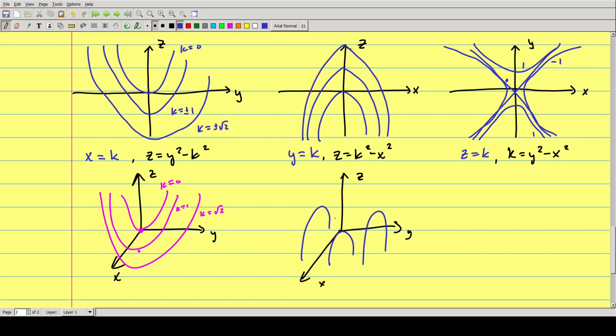Here, our slices are in this direction, parallel to the xz plane, at different values for y. And so here we have k equals 0, k equals 1, k equals -1. So these are set up along the y direction.